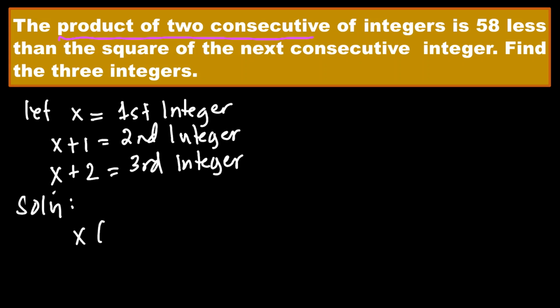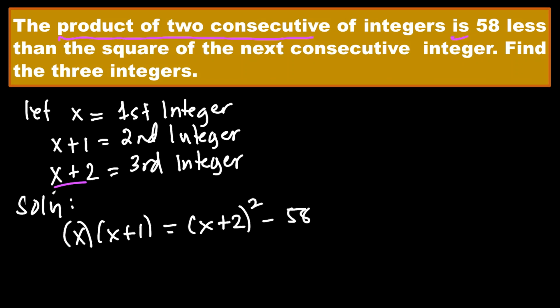So the product of x times x plus 1 equals 58 less than the square of the next consecutive integer. The next consecutive integer here is x plus 2. So we have the square of x plus 2 less 58. Okay, so this will be our equation.